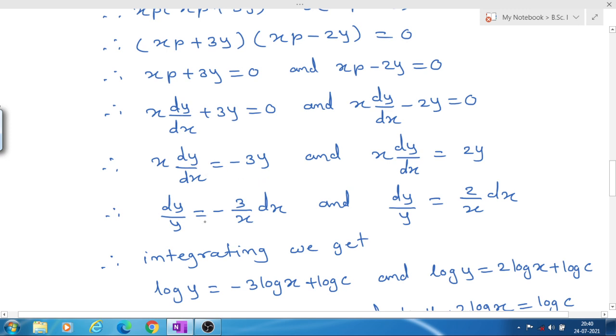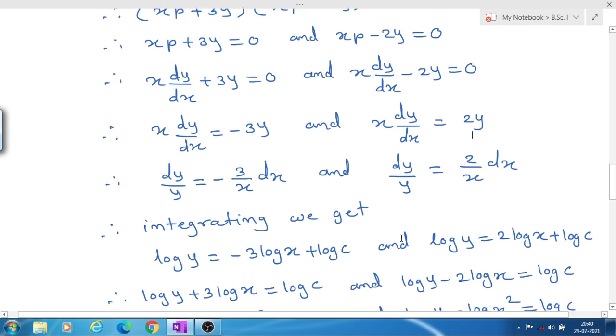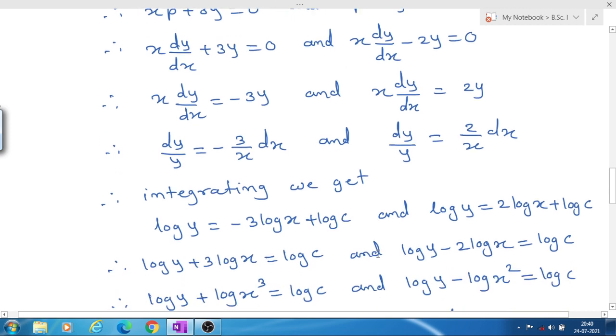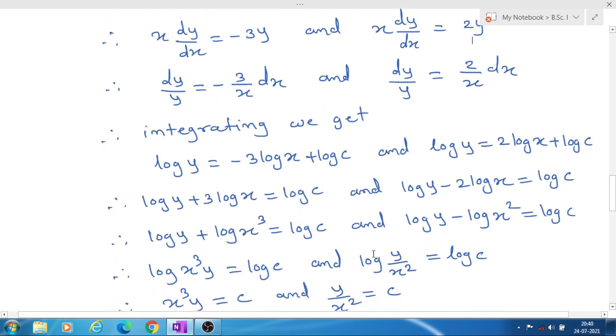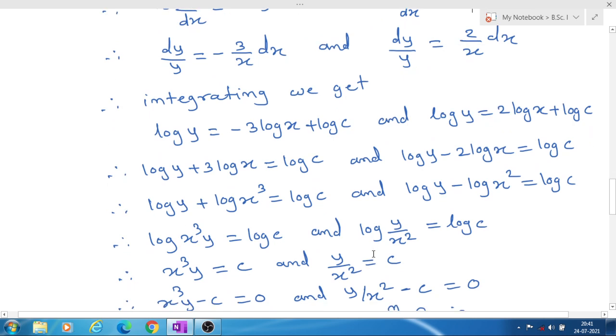So dy upon y is equal to minus 3 upon x into dx, and here dy upon y is equal to 2 upon x into dx. x is divided and dx is multiplied. So now, since the variables are separated, we can integrate and solve the equations.